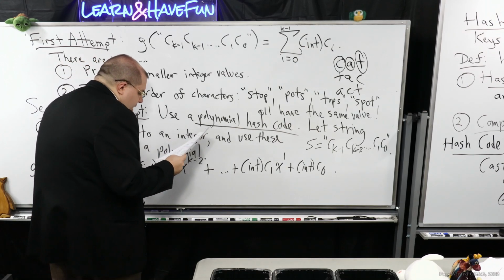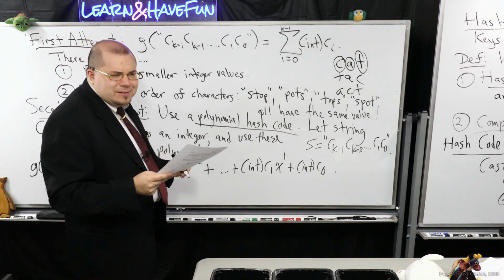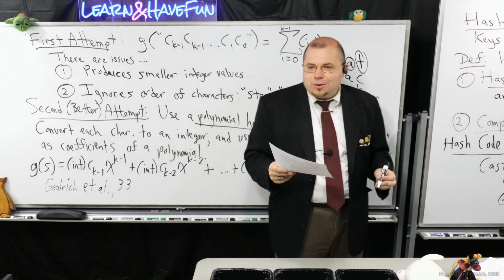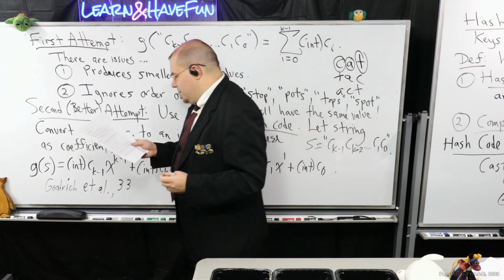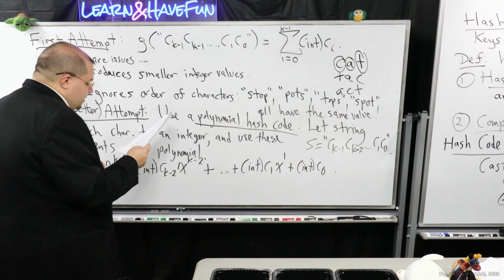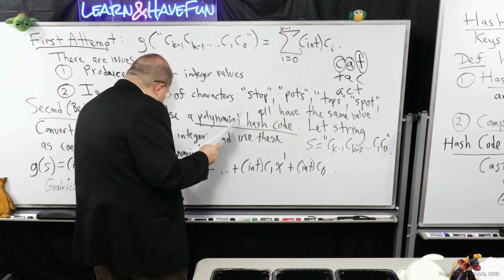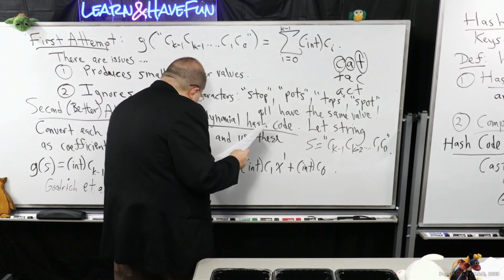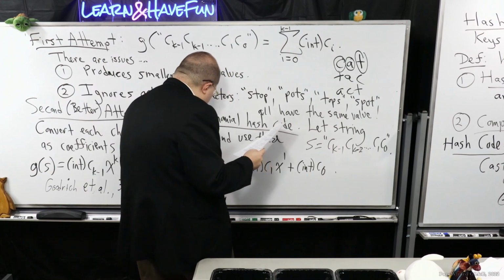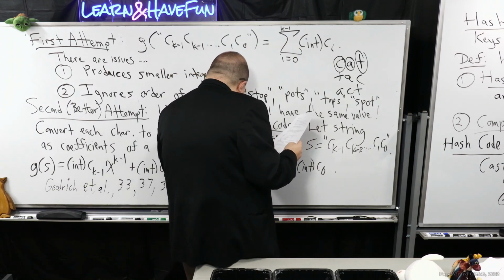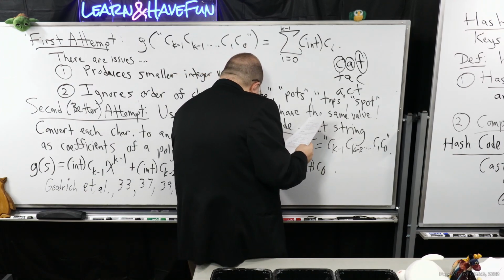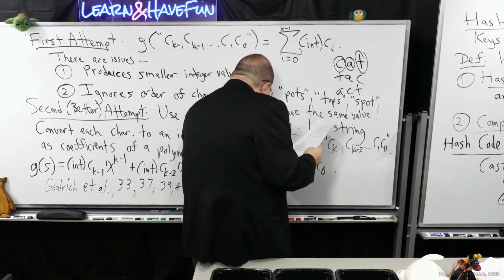For a large English dictionary, so 50,000 words in it, they did a computer experiment, and they used some of these values here: 33, 37, 39, and 41.